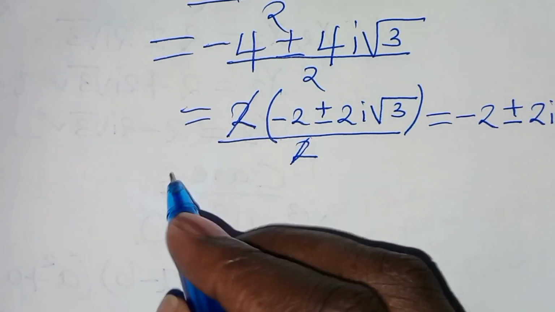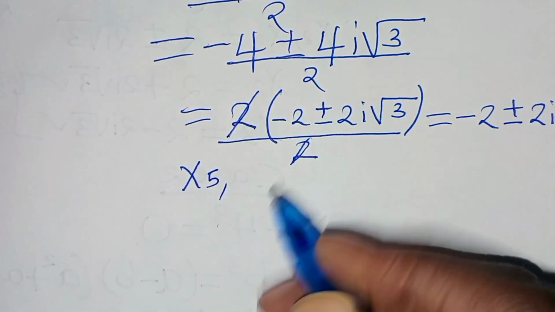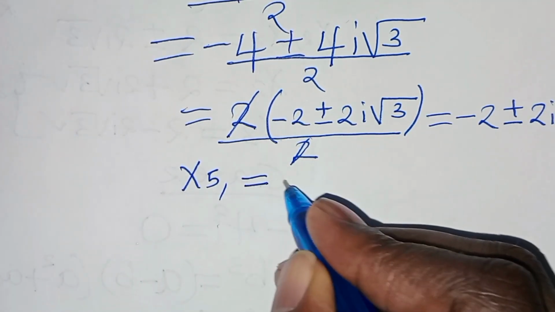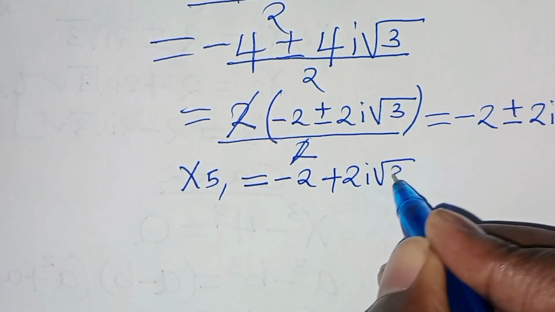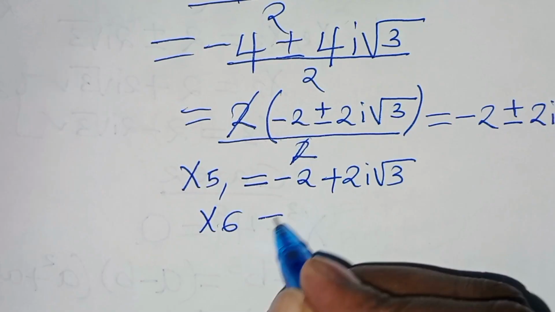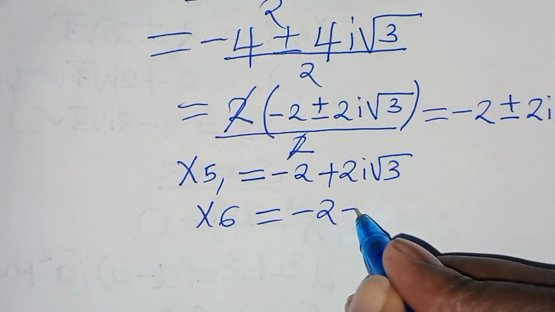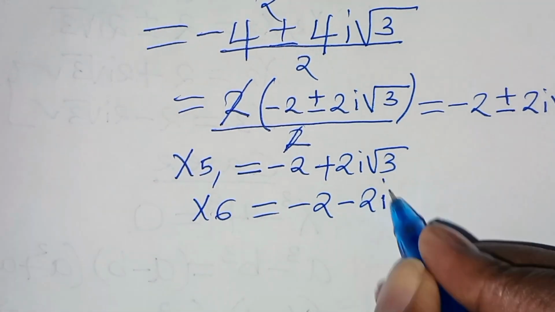So this implies that x5 is equal to minus 2 plus 2i square root of 3, and x6 is equal to minus 2 subtract 2i square root of 3.